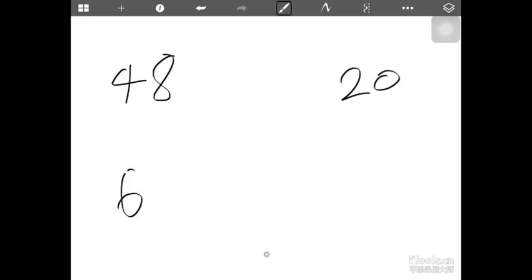Looking at 6. Now you just learned the divisibility rules of 2 and 3, and we're going to find out if a number is divisible by 2 and 3. This works best on small numbers, so I'm going to put down a small number up here, 48, and let's say 20.